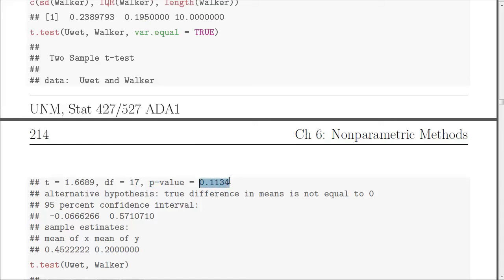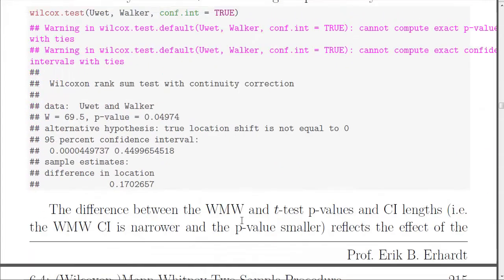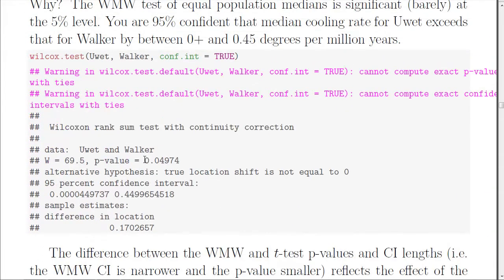We have a p-value of 0.11 and quite a wide confidence interval, about 0.63 or 0.64 in width, whereas the non-parametric method has a p-value half the size, 0.05, and a confidence interval about 2/3 the width, 0.45. So because we used the appropriate procedure, we had more power for the hypothesis test and a narrower confidence interval.